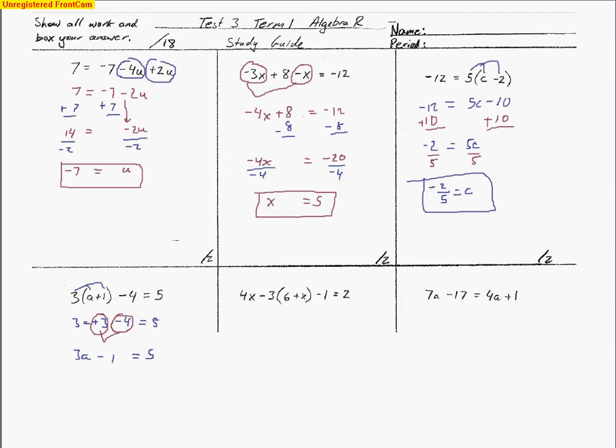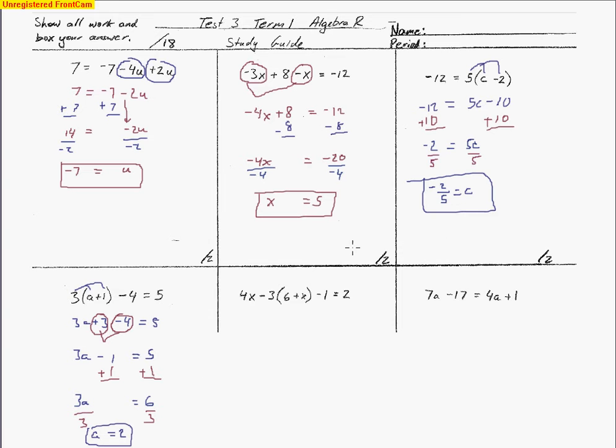So from there, I'll go ahead and do an opposite operation. I'm going to add 1 to both sides. So when I add 1, I still have the 3a on the left-hand side, but now equals 6. So now I'm ready to divide by 3 on both sides, and that's how I'm getting 2 as the value of a.